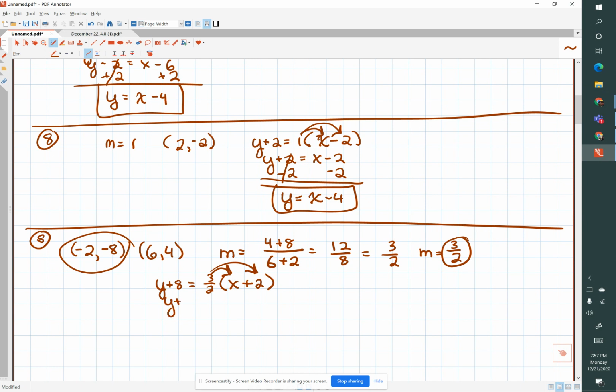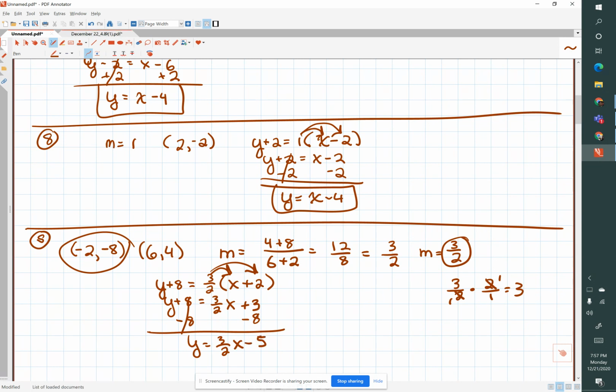So y plus 8 equals 3 over 2 x, and 3 over 2 times 2, these cross cancel, equals 3. So that would be x plus 3. And then we subtract 8 from each side. Y equals 3 over 2 x minus 5.